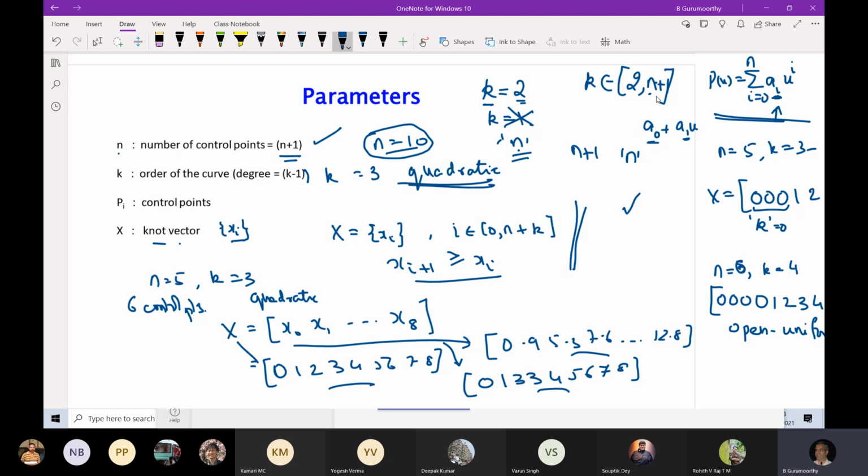The other way to look at it is, remember when we defined the knot vector, we said that the number of segments in the curve is n minus k plus 2. So what's the smallest number of segments that you can have as k increases? What is happening to the number of segments for a given n?